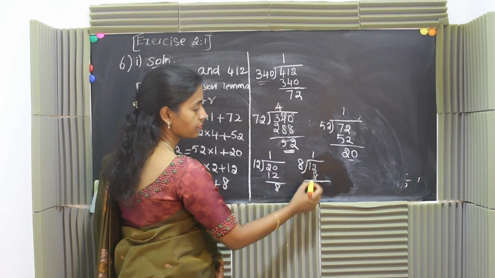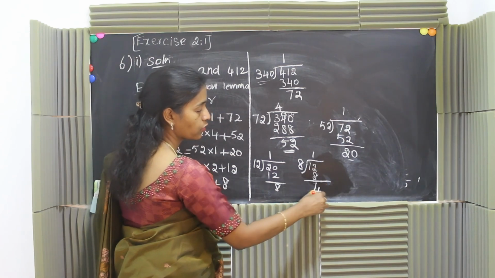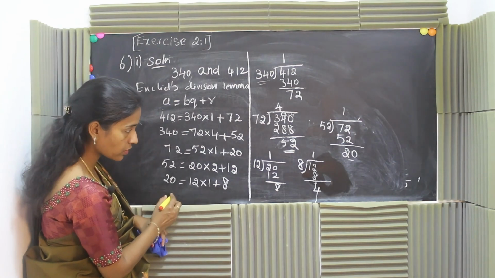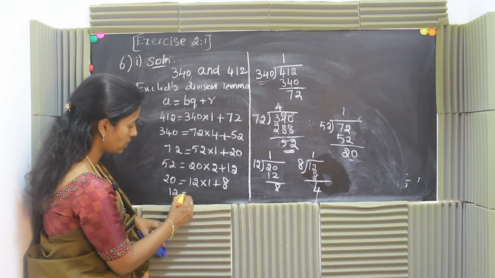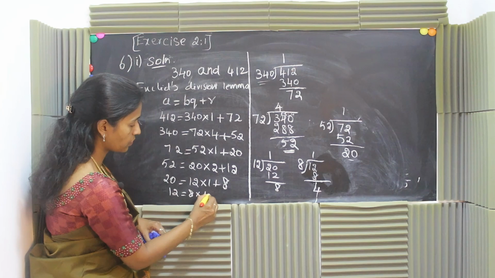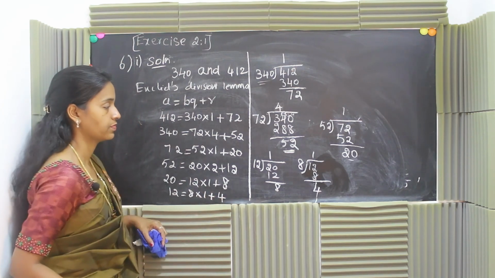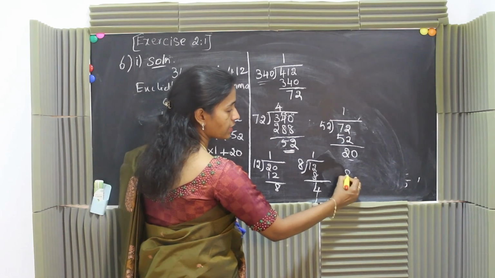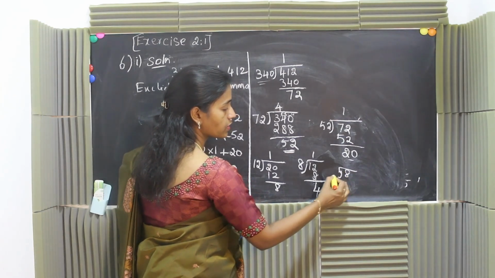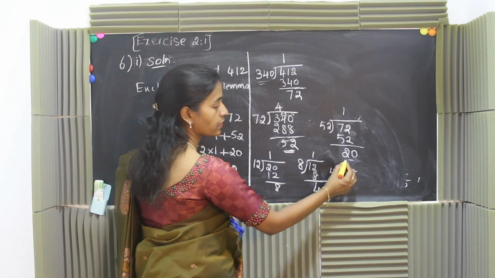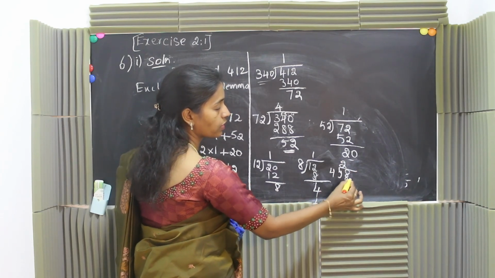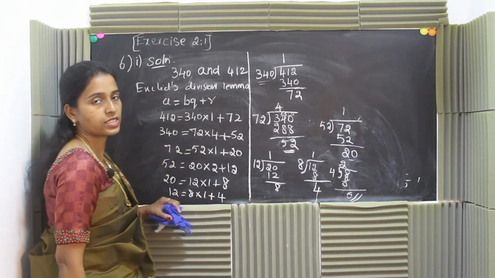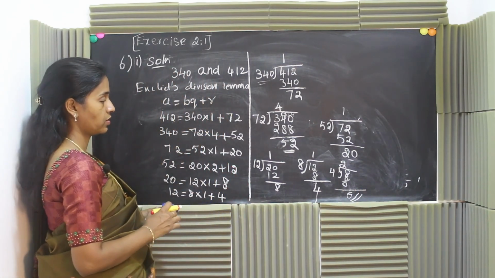Here 12 minus 8, 4. So 12 equals 8 into 1 plus 4. Then in the next step, 8 becomes dividend, 4 becomes divisor. 2 into 4, 8. 8 minus 8, 0. We reach the remainder 0.